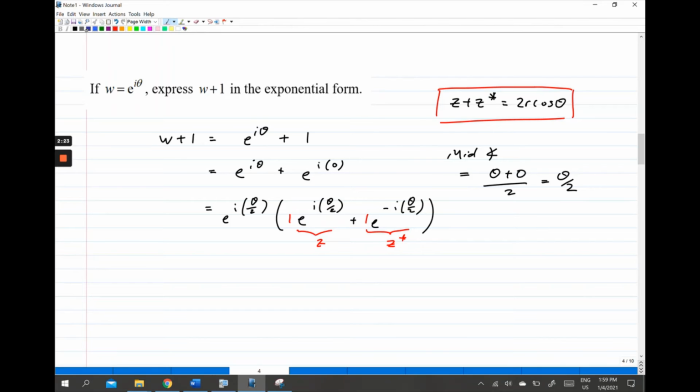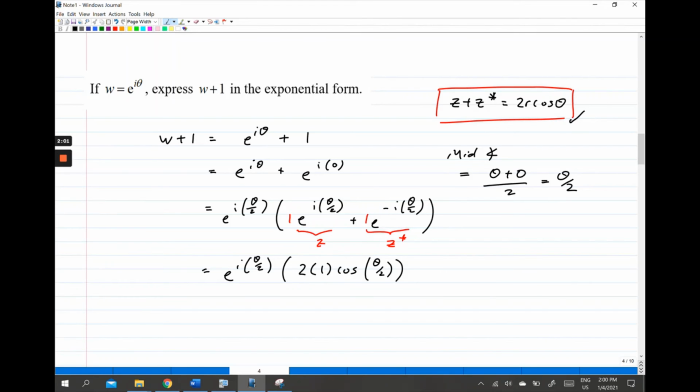Look at what's going to happen next. You see that this is e^(iθ/2) on the outside. With the previous result, we can use this: this is 2r, where r is 1, with the cosine of your argument, and your argument now is θ/2.